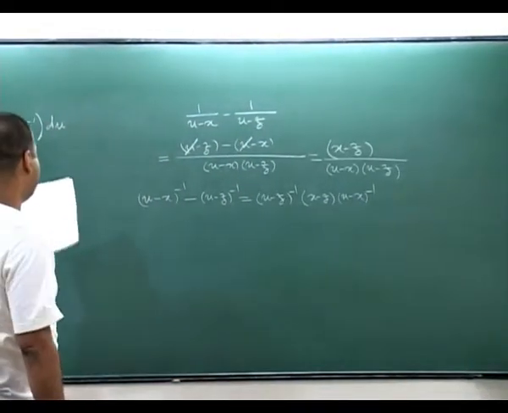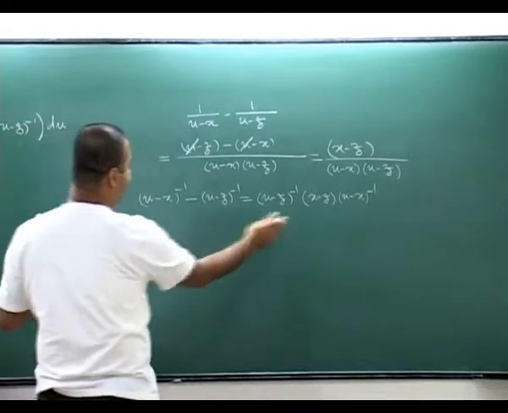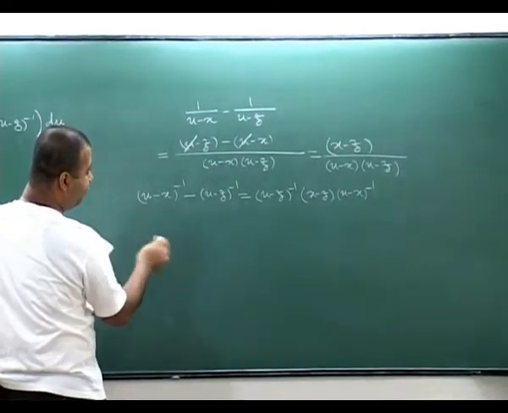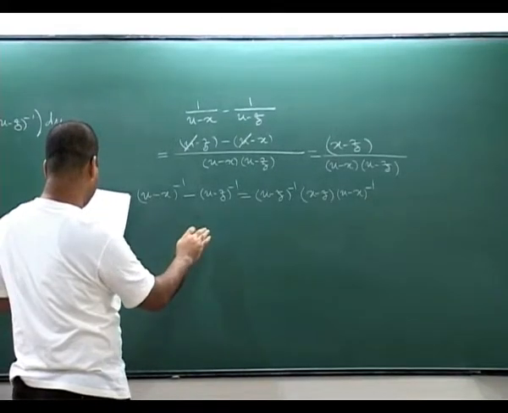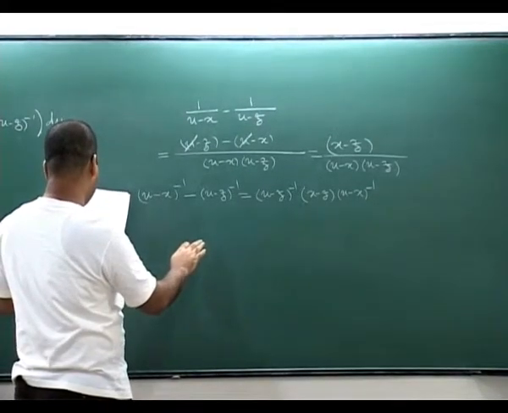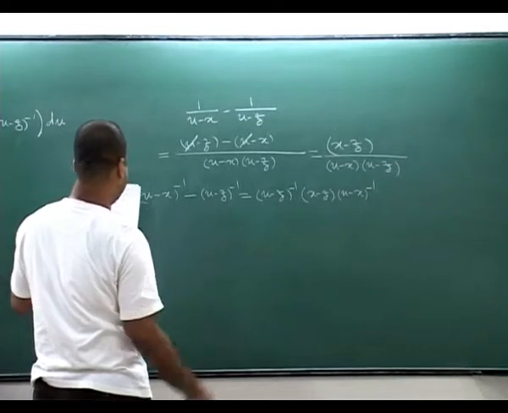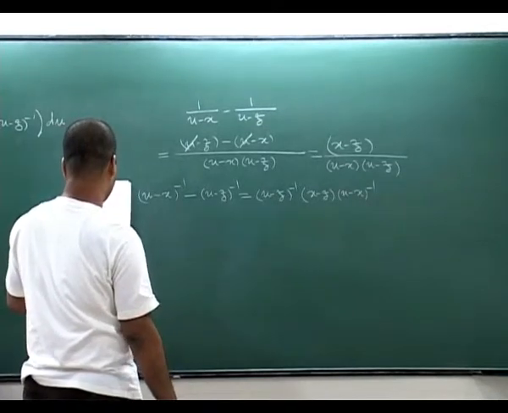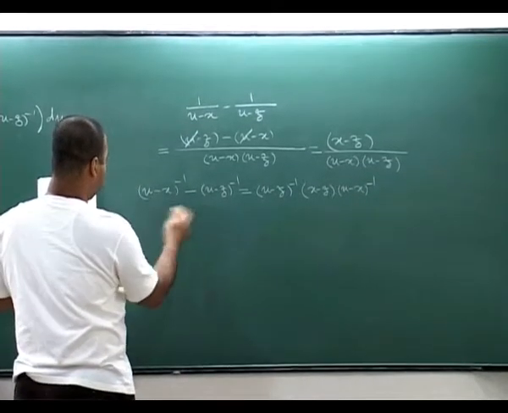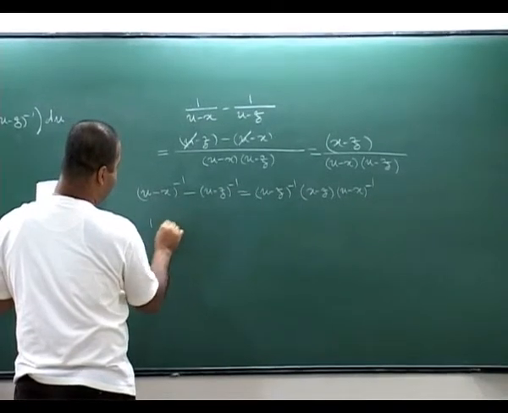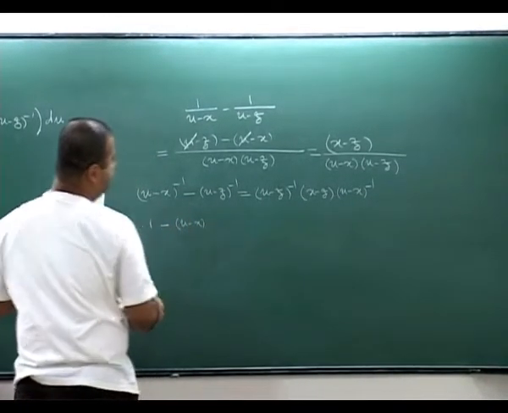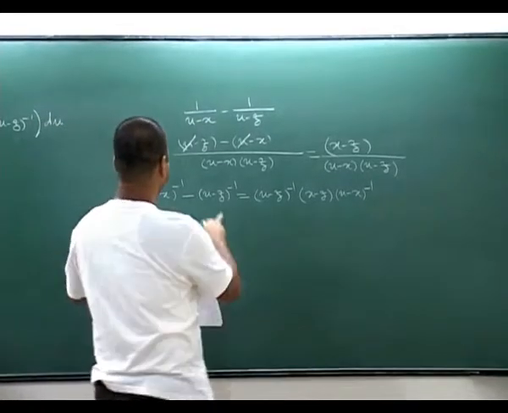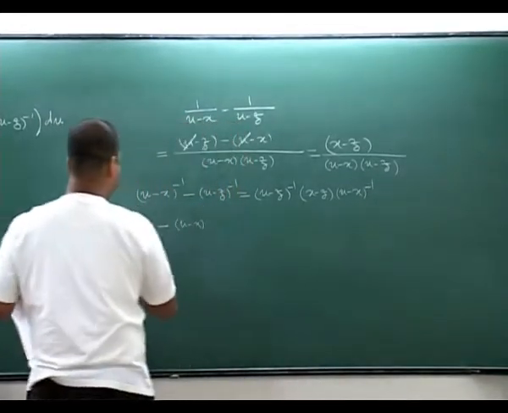Of course, that means that we multiply this from this side. This will happen only if we multiply this one from this side by u minus x, and, okay, so 1 minus, and u minus z.